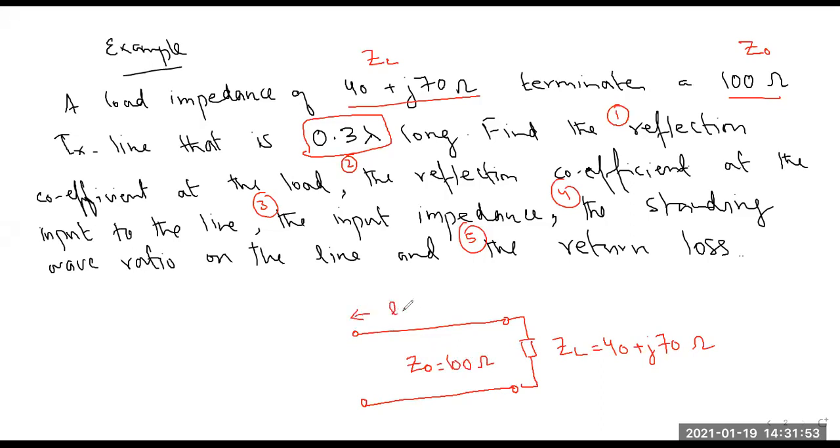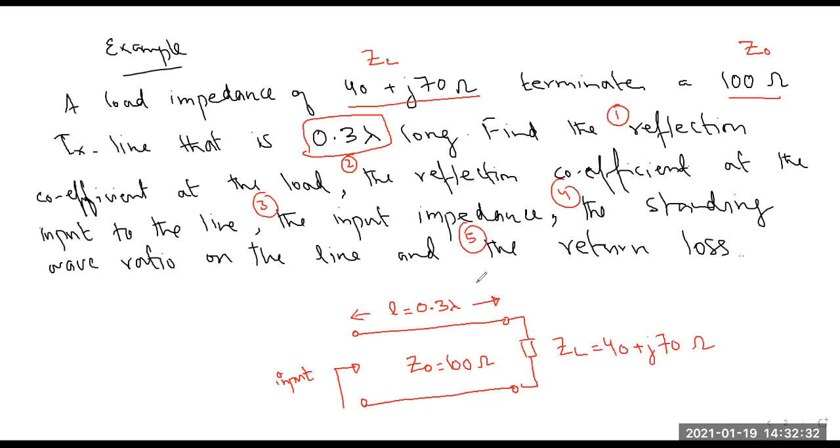And the length of the transmission line, let me represent with the symbol small l, is 0.3 lambda. This end is the input. So with this information, that is a transmission line having characteristic impedance equal to 100 ohm, having length equal to 0.3 lambda, and connected with this load, we need to find out these 5 unknown quantities.